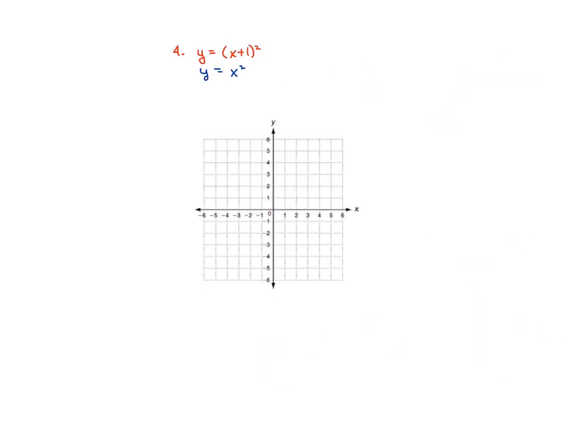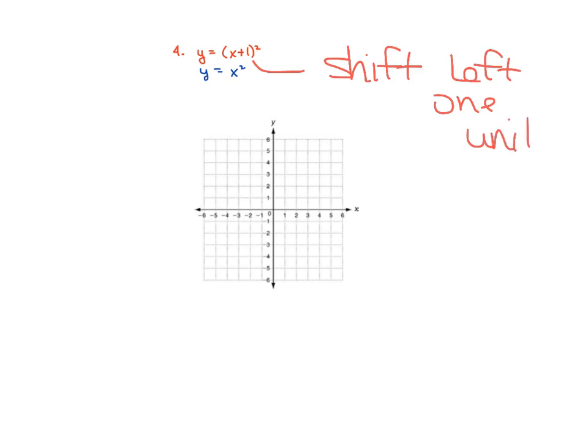So here, now we're adding 1, and again, we're thinking backwards when it's in the parentheses. So this is going to be a shift left 1 unit. So for here, 0, 0 for the parent, 1, 1, negative 1, positive 1.